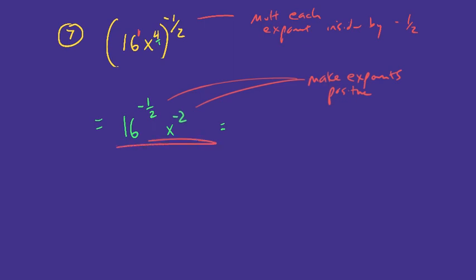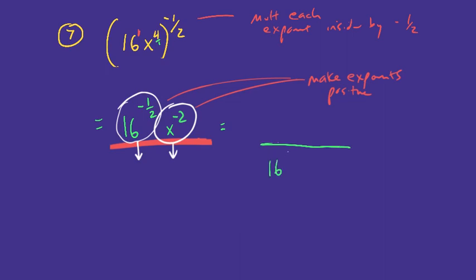And hopefully you remember that there's this invisible fraction line underneath, and then part of this is going to need to move. The 16 is going to go through the fraction line, making the exponent positive. The x is going to go through and make the exponent positive. So we've got 16 now to the positive 1/2, x to the positive 2. And then when everything moves through, if there's nothing left on top, you just put a 1 there.